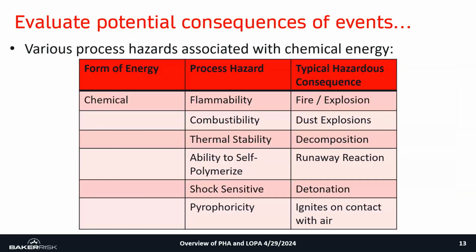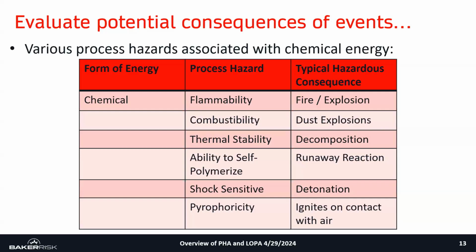Kind of zeroing in on chemical energy. Your process, based on the chemicals used, may exhibit flammability, it may be a flammable material. So, as you're going through and identifying scenarios and the associated consequence, it's very likely that your consequence may involve a fire or an explosion.